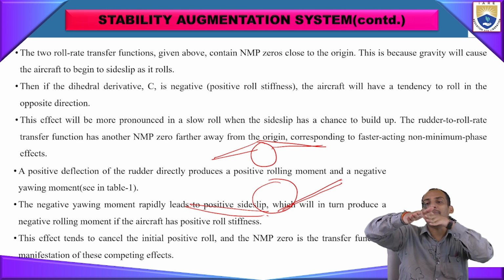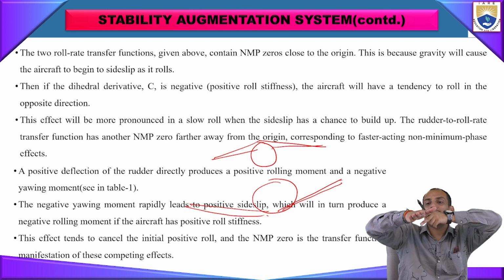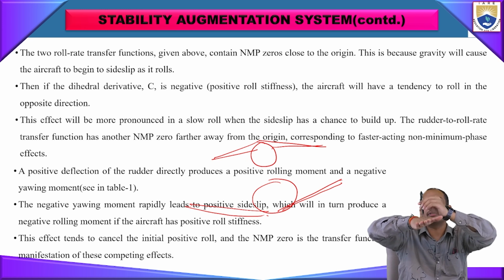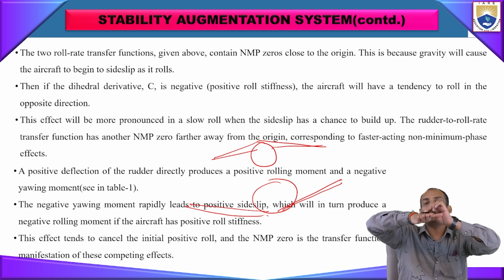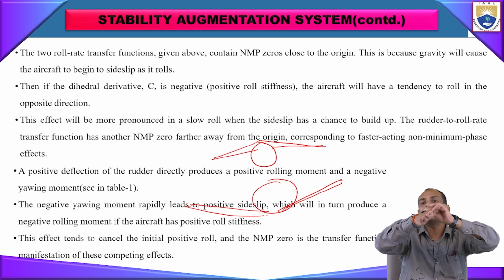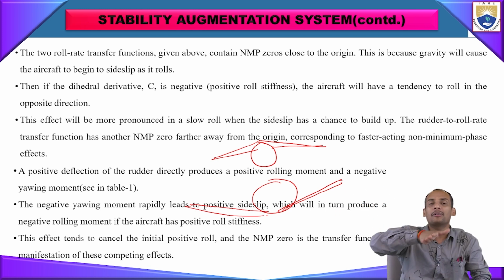It should happen on this side, the left side only. This is the rudder, so the rudder movement will be to the left side. When it is left side, that means a negative yawing movement and a positive rolling movement, so then only it will go in that positive direction.